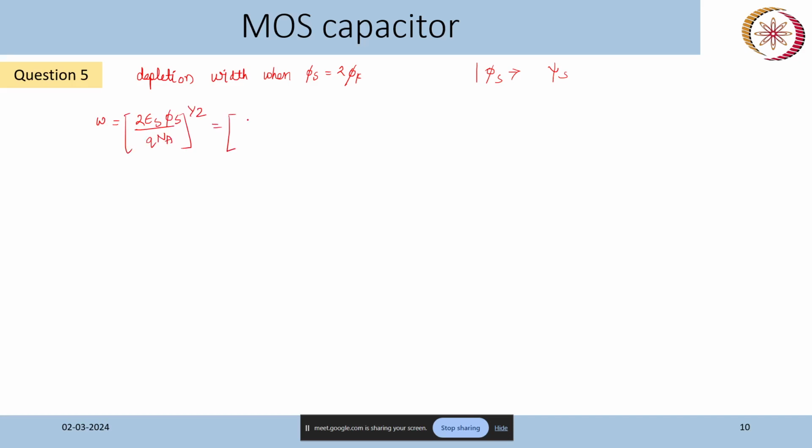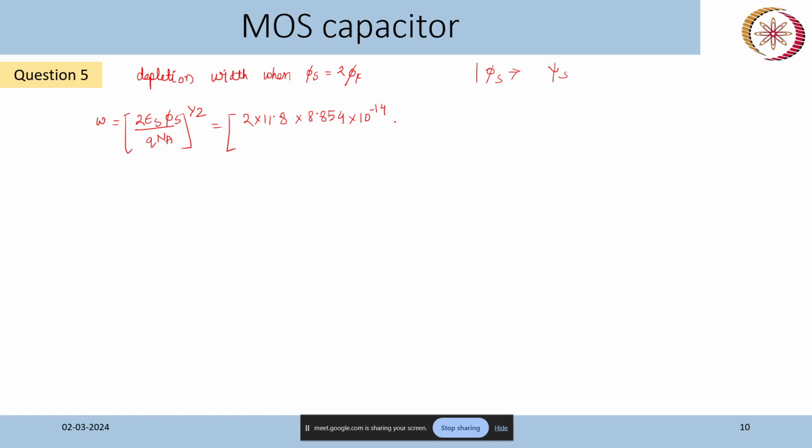So let's put the values, 2, which is 11.8 into epsilon naught, the permittivity of free space, that value is 8.854 into 10 to the power minus 14. I'm writing it in terms of centimeter because all other values will be in centimeter. By all other values I mean NA.